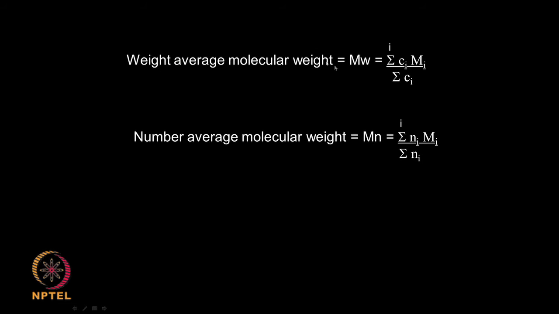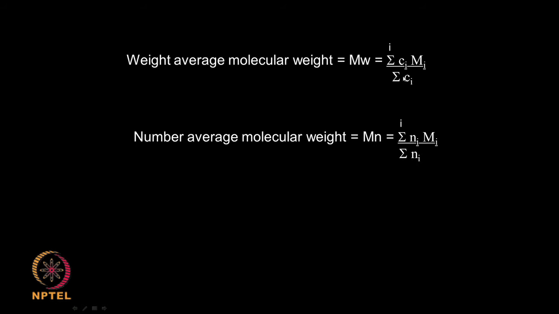There are two types of molecular weight, one is called the weight average, the other is called the number average. So, basically they are called Mw and Mn. Mw is given by the relation summation of Ci Mi divided by summation of Ci, where Ci is the concentration of the polymer of molecular weight Mi.